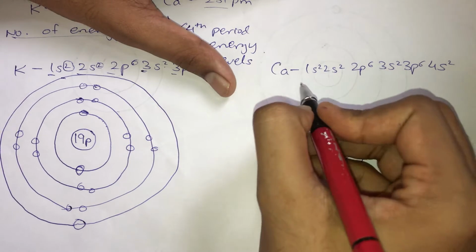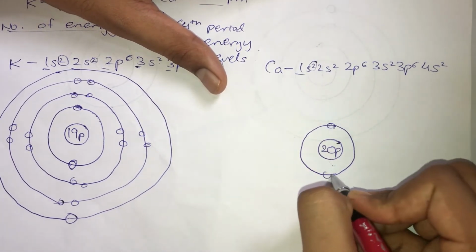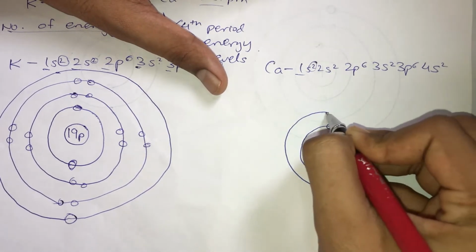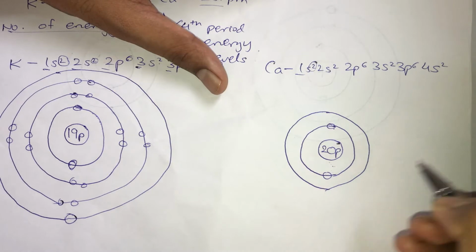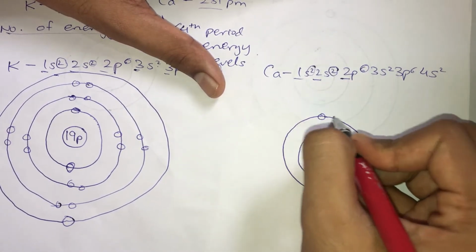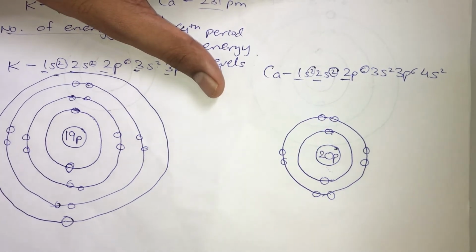Now inside the first energy level, I know that there are 2 electrons. Inside the second energy level, there are 2 plus 6, 8 electrons. Am I right, guys?